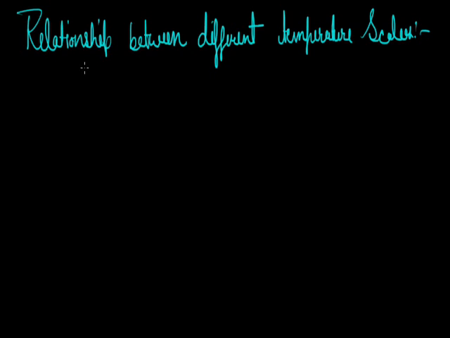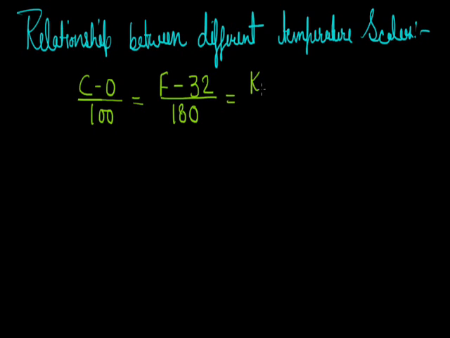Then we can write a formula: C minus 0, where 0 is the lower fixed point of Celsius, upon number of divisions 100, equals F, Fahrenheit minus lower fixed point 32, upon 180, equals K minus 273, and the number of divisions are 100.